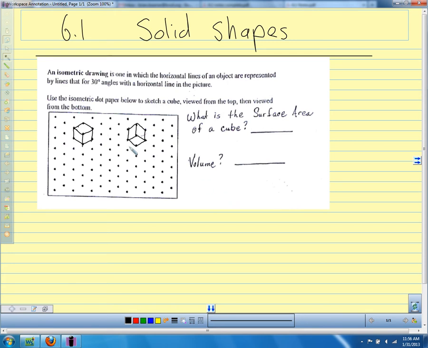If we say that each side of this cube is one unit, whatever that unit is, what would be the volume of this cube? 1, right? 1 times 1 times 1, just like we did on our opener. So the volume of this little cube is 1 unit cubed, or we could say 1 cubic unit.